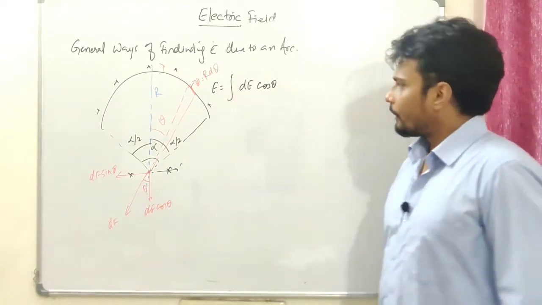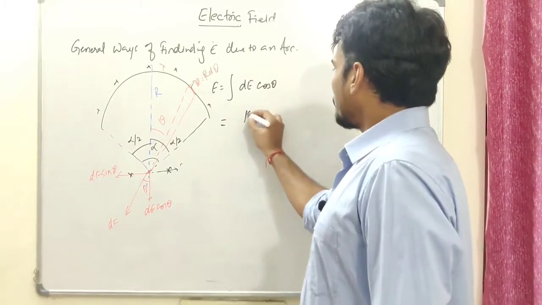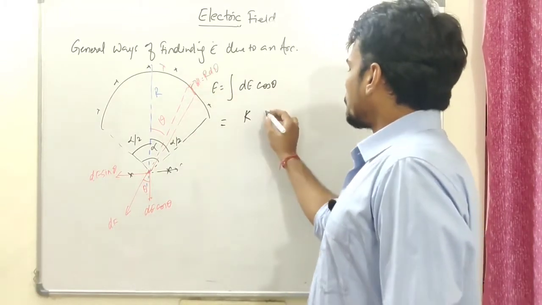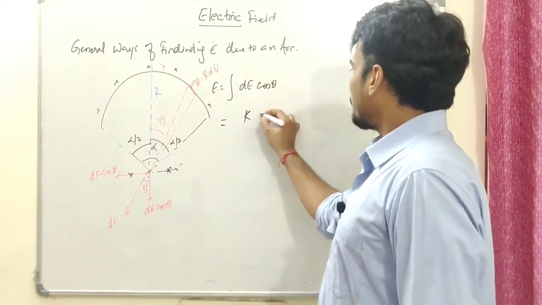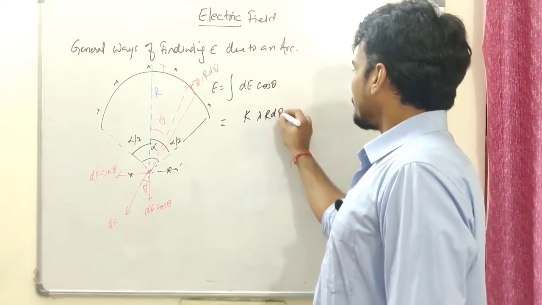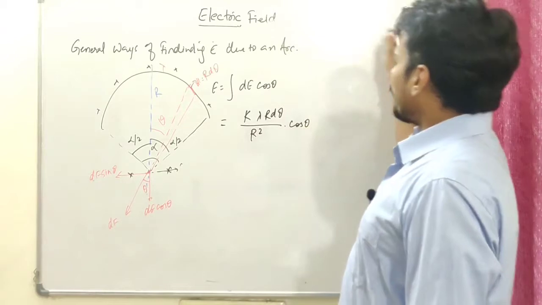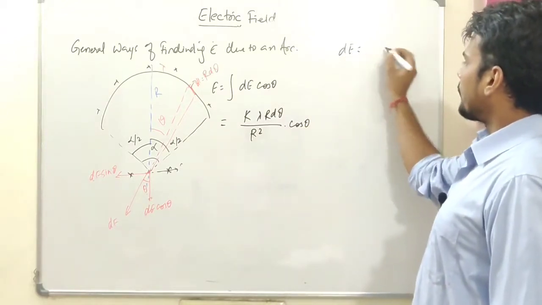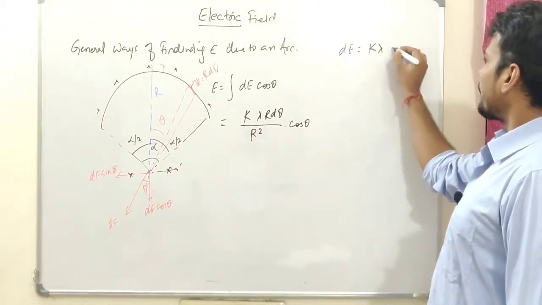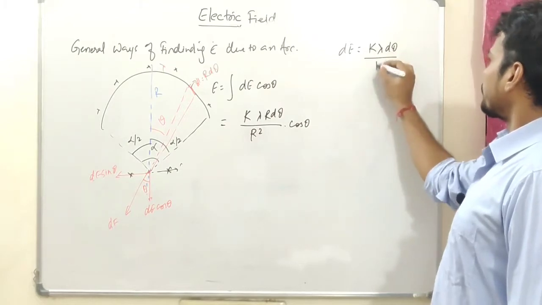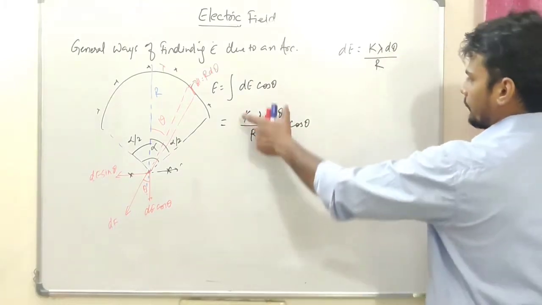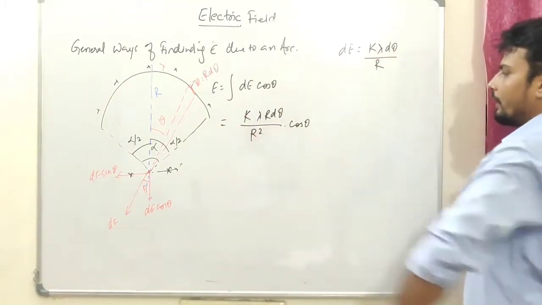Now let's find the dE. dE should be how much? K q, where small q will be lambda r d theta, over r square into cos of theta. And you can see that dE will be, or you can remember it like this, k lambda d theta over r right away.